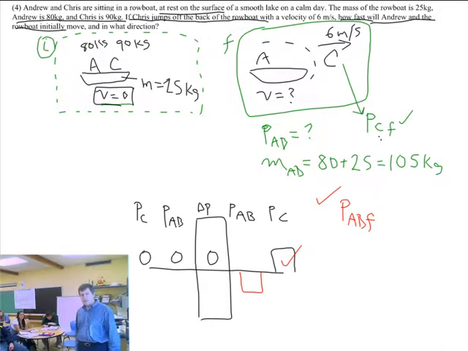Is that going to help us get toward our unknown quantity from the problem? Yes, sir, because the mass of Andrew and the boat is known. If we know that, we'll be able to solve for the velocity of Andrew and the boat. You with me? We haven't really done any calculations yet. We're just taking an inventory of what we know and what we can find out.